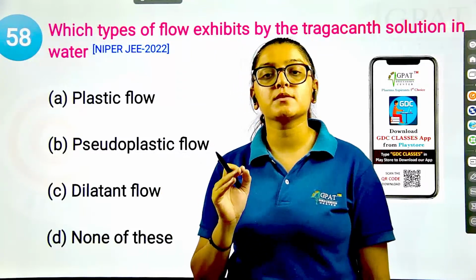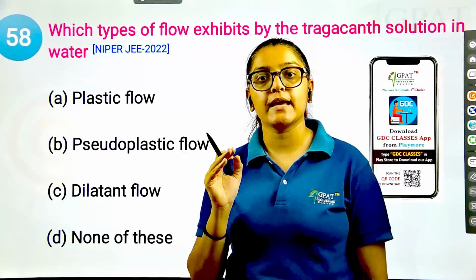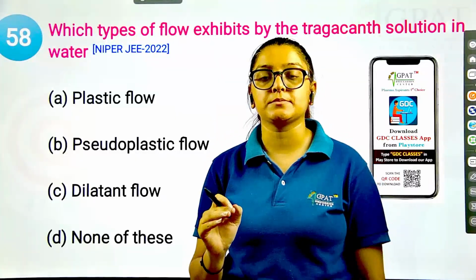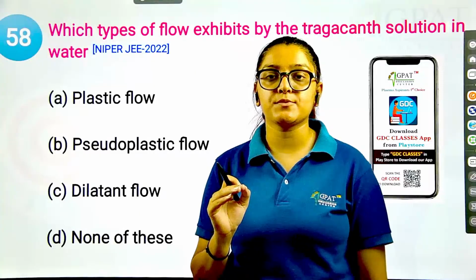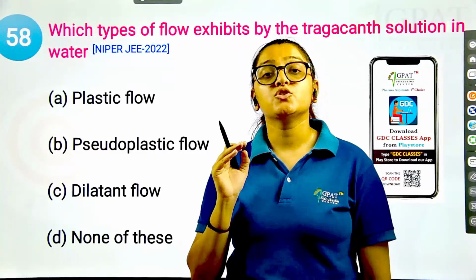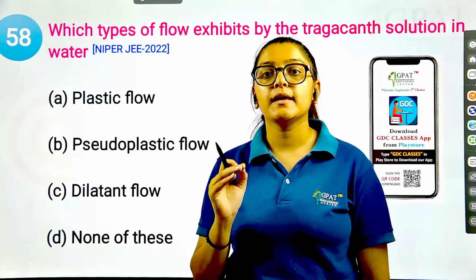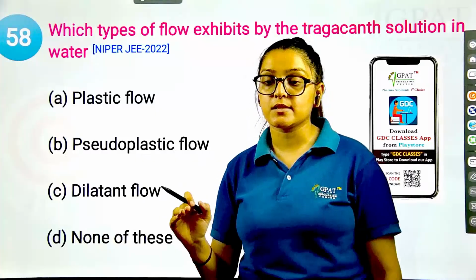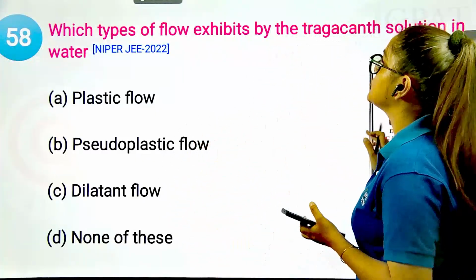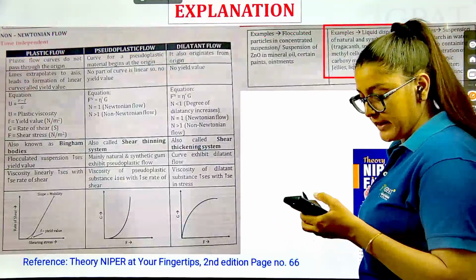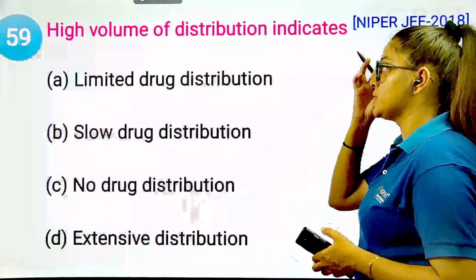All the gums, mucilages, tragacanth, alginates belong to shear thinning pseudoplastic systems. For deflocculated suspensions like zinc oxide in water, kaolin in water, these are going to form dilatant systems, which are shear thickening systems. So here we have a tragacanth solution, so it is going to be none other than option number B, right? Gums are included here.